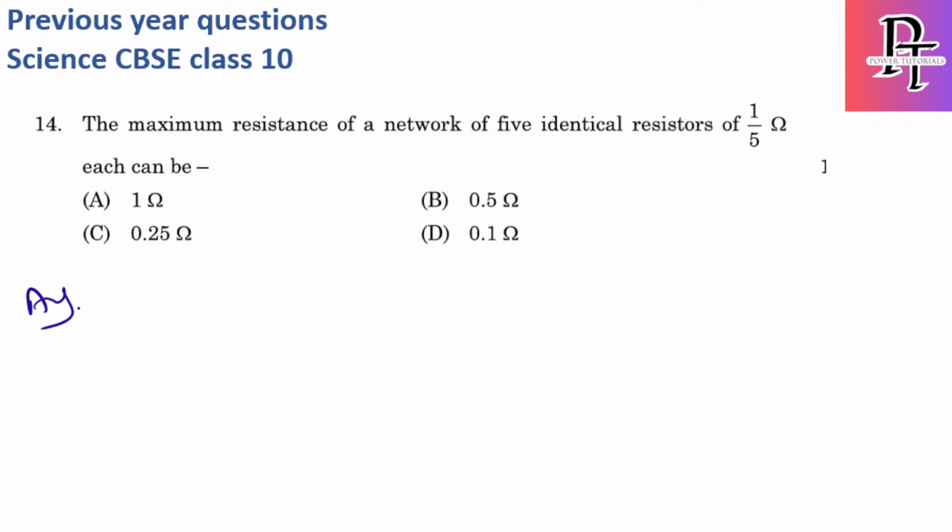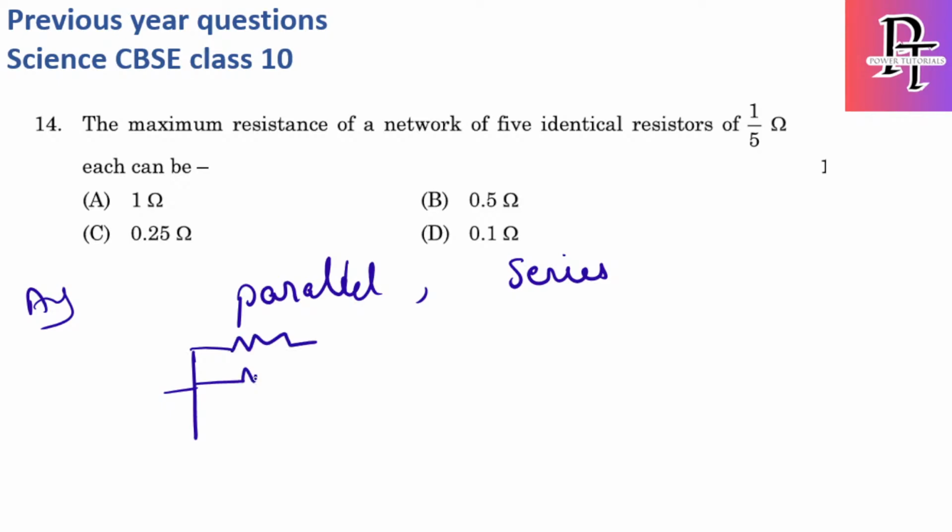We have two types of connections in resistors: one is parallel and the other is series. We have 5 resistors. Let's consider everything in parallel in this way, and second, consider the series scenario.